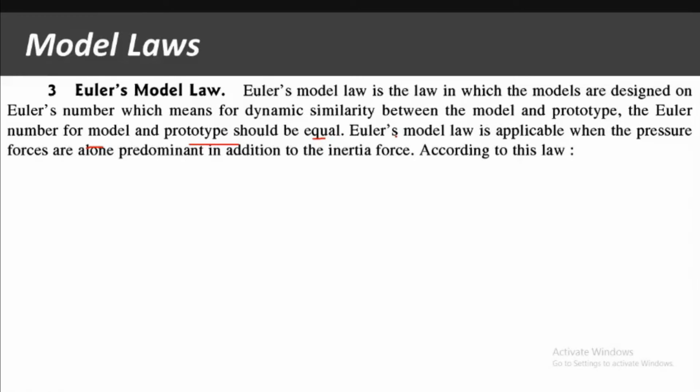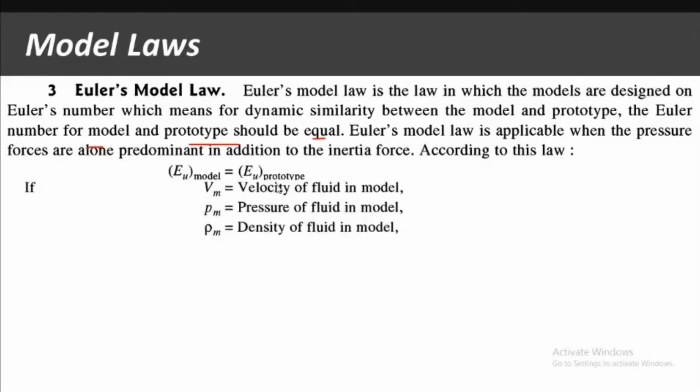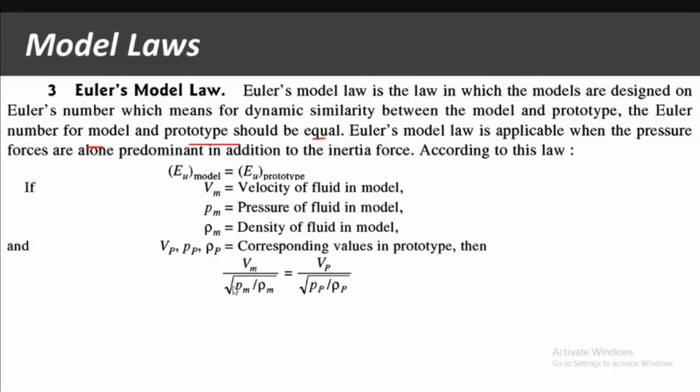So according to this law, we can say Euler's number of model equals Euler's number of prototype. Therefore, if we assume Vm is the velocity of fluid in model, Pm is the pressure of fluid in model, and ρm is the density of fluid in model, and similarly Vp, Pp and ρp are the corresponding velocity, pressure and density in prototype, then as per Euler's model law, Vm upon root of Pm upon ρm equals Vp upon root of Pp upon ρp.